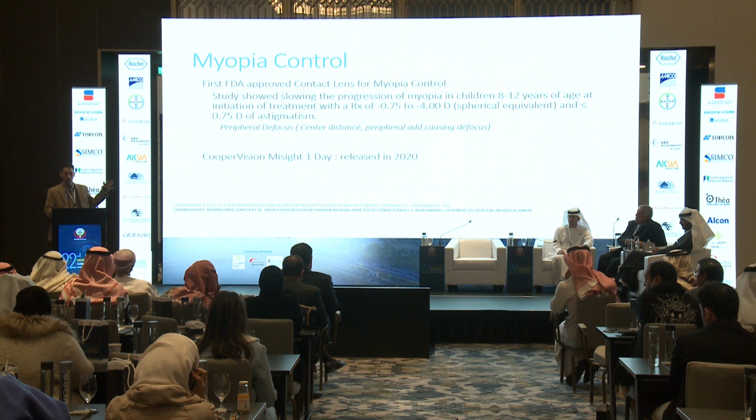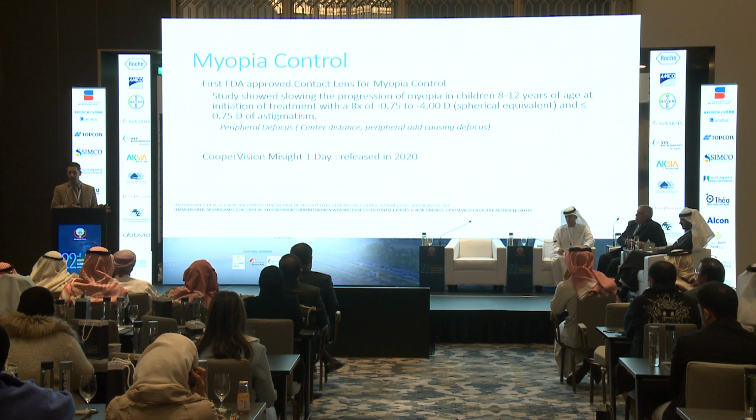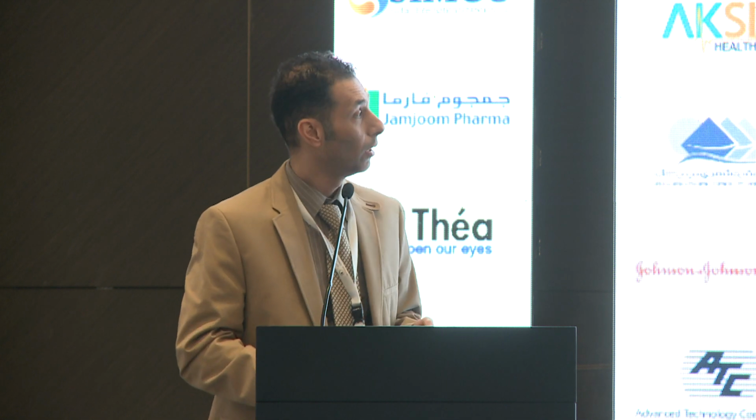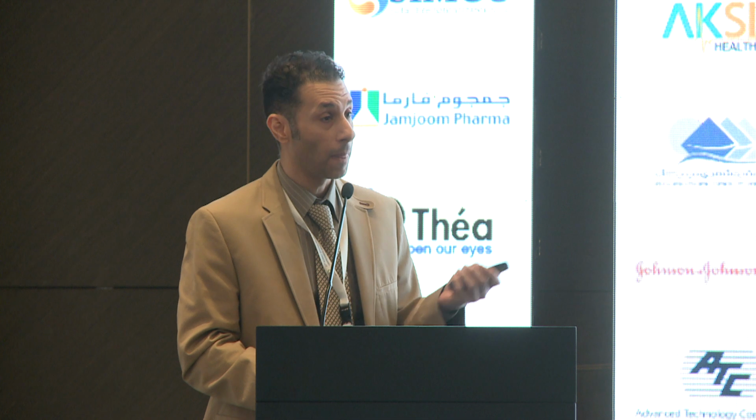So you can do the same approach, but in spectacles, because I might not be able to fit all my kids in contact lenses. There's an issue of infection, and there's an issue of maybe poor use, insertion, removal. So glasses can do the same thing. And the studies that they've done on those also show a similar type of result.